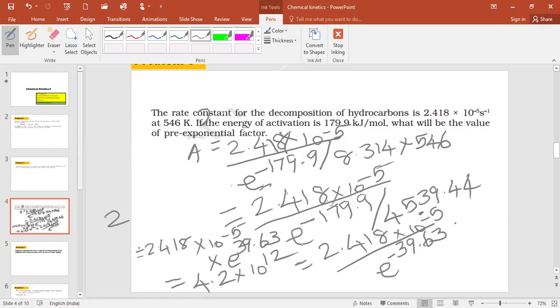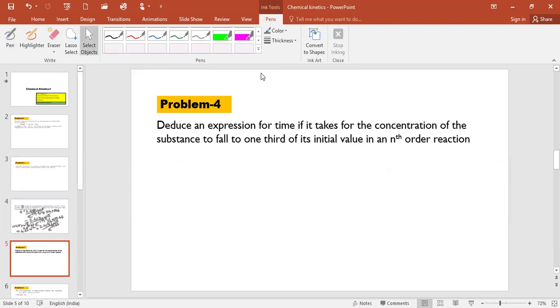This type of question can be witnessed in the majority of competitive exams. I have solved one such question. So the next question is an interesting one: deduce an expression for the time it takes for the concentration of the substance to fall to 1/3 of its initial value in an nth order reaction.